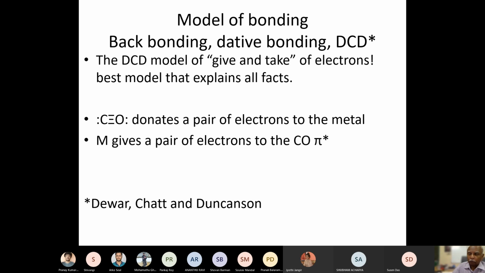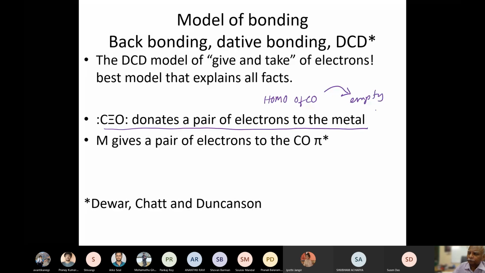The best model for bonding is the so-called dative bonding, or the give and take of electrons between metals and carbon monoxide. Carbon monoxide gives a pair of electrons from its HOMO, the highest occupied molecular orbital of CO, to an empty metal orbital.